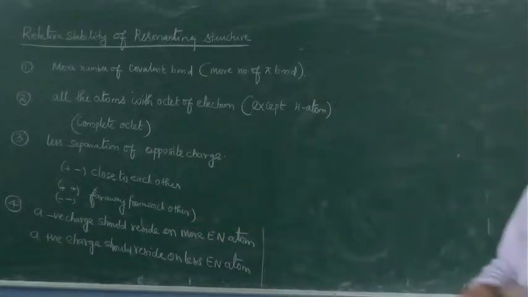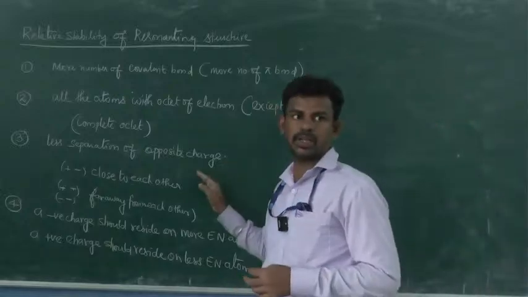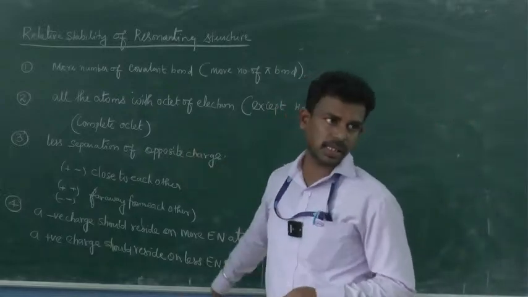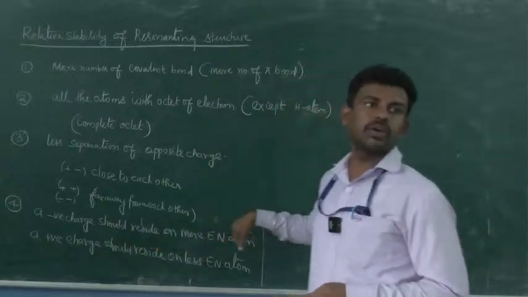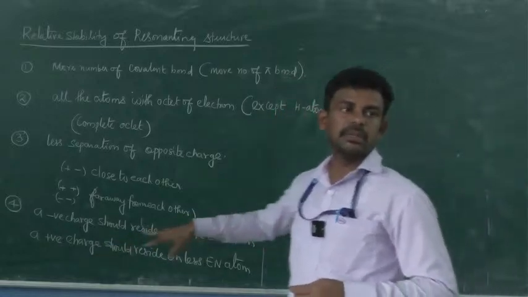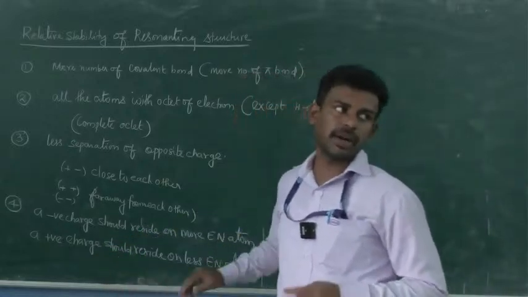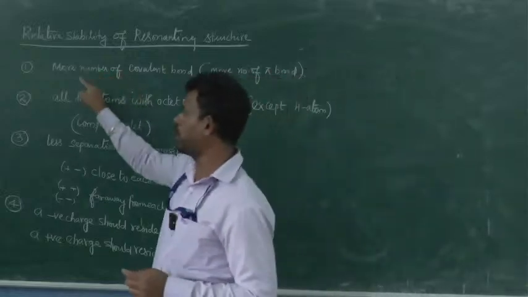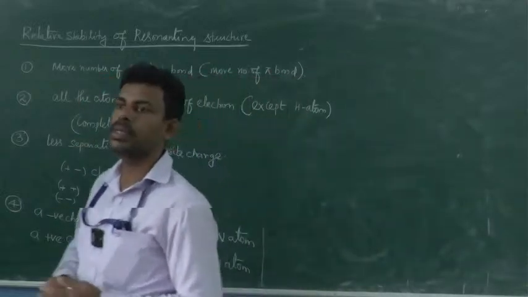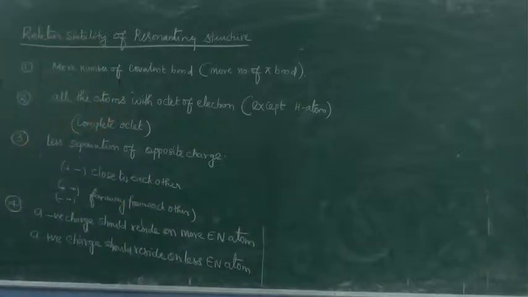Is it clear? Next, if this criterion is also met, we have to go to the last criterion. Where should the negative charge be? On the more electronegative atom. Where should the positive charge be? On the less electronegative atom. Is it clear? You have to go one by one. Is it clear? You want an example. Is it clear?